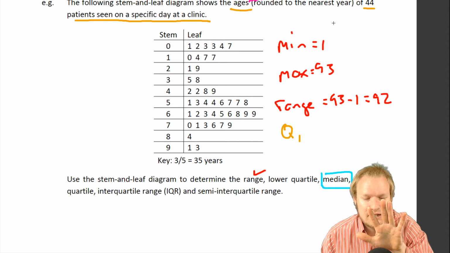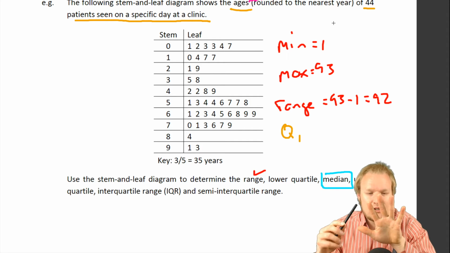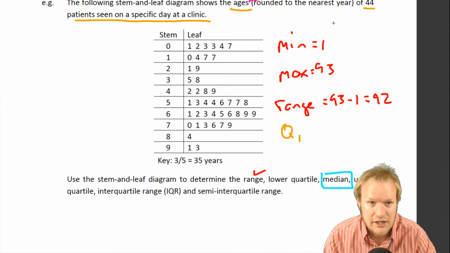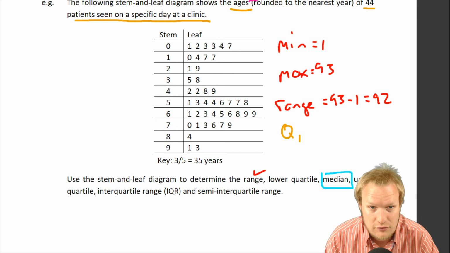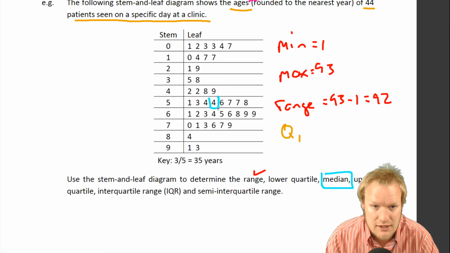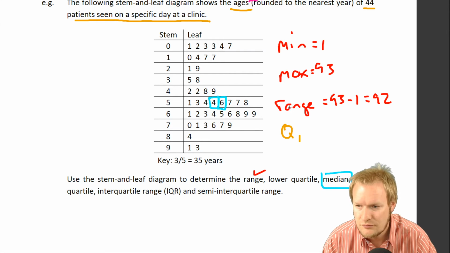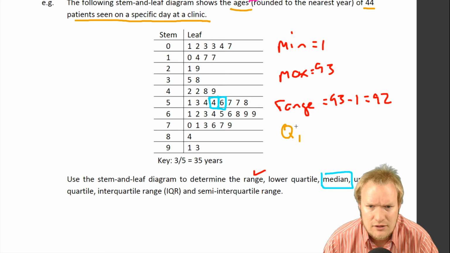So our median is going to be the 22nd and 23rd. So 1, 2, 3, 4, 5, 6, 7, 8, 9, 10, 11, 12, 13, 14, 15, 16, 17, 18, 19, 20, 21, 22, and 23. So it's these 2 over here. Okay, so there's our median.